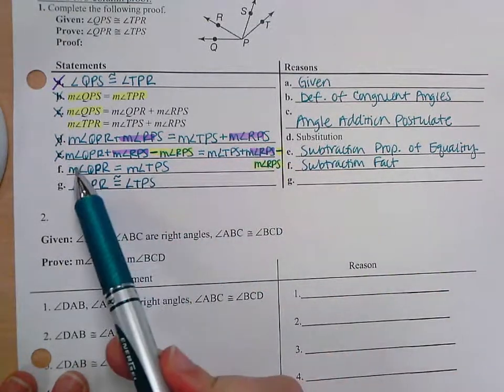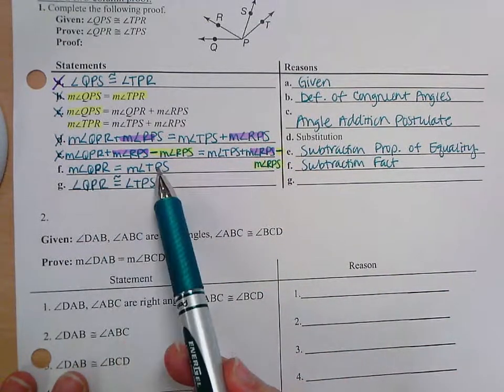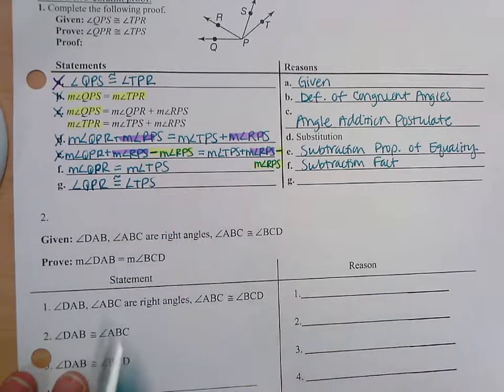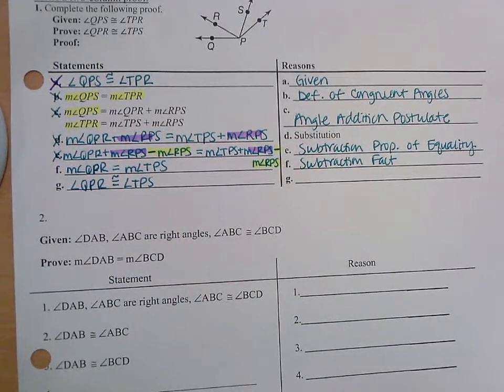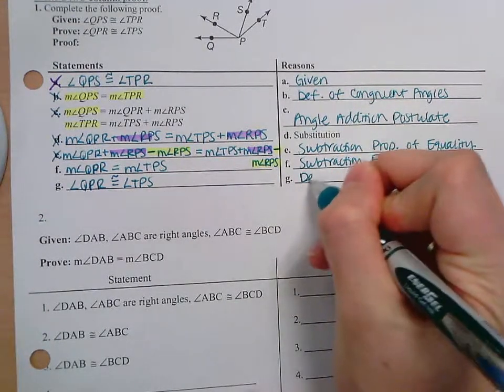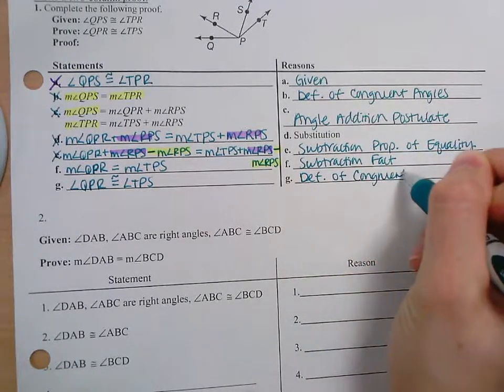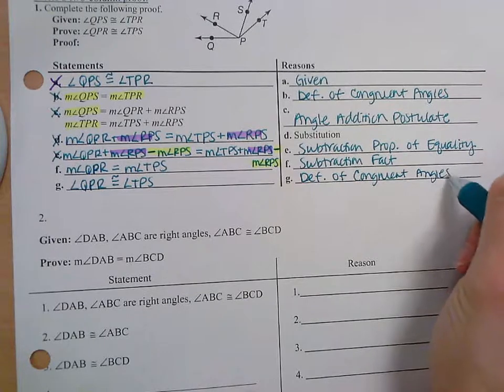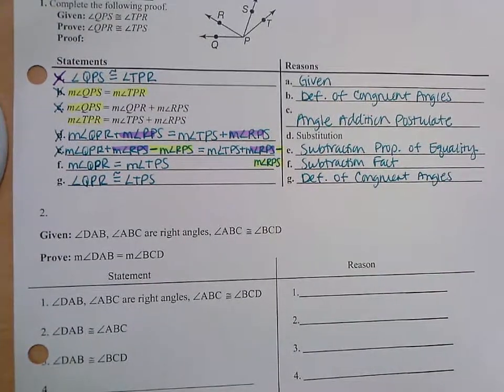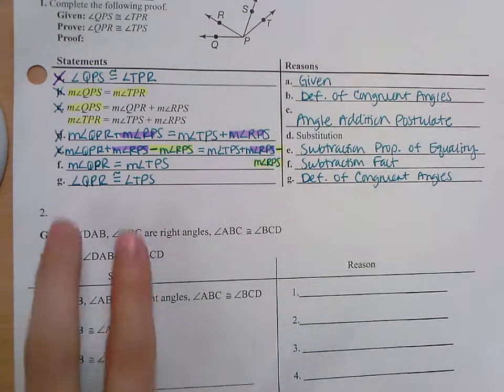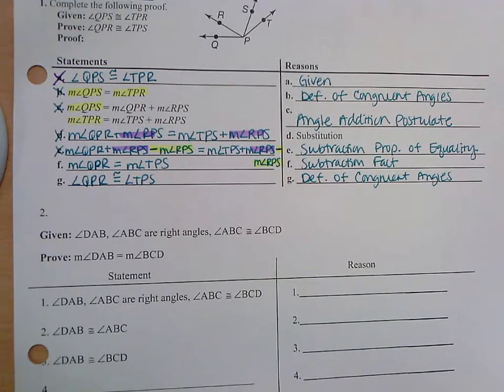So look at from line F, where I'm saying the measures are equal, to now line G, I'm saying the angles are congruent. What reason is that? Definition of congruent angles. Okay, so I had those steps to go through to prove why these two angles were congruent to each other.